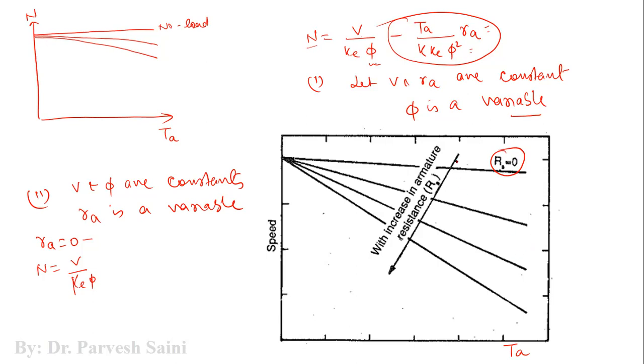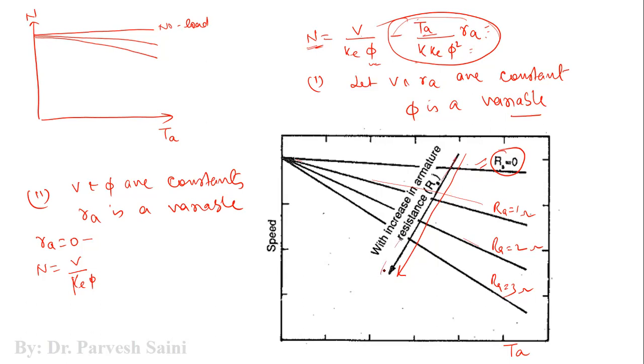As you can see, when we increase the armature resistance, the speed torque characteristic will change in the downward direction. Here you are getting the maximum value. This is, let us say, Ra equal to 1, for example. This is Ra equal to 2, and this is Ra equal to 3 ohm. As we increase the value of Ra, this factor increases, so N and Ta have an inverse relationship.